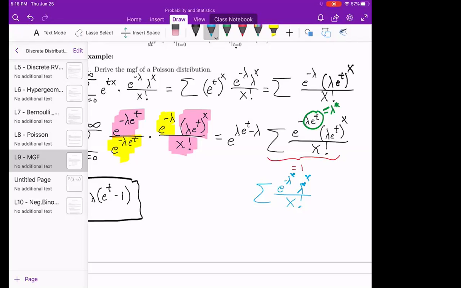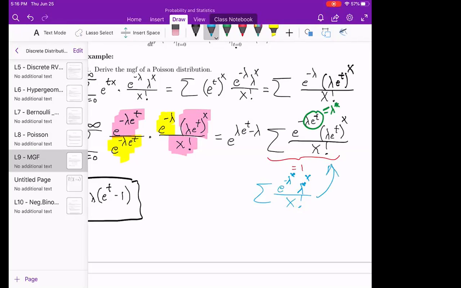It's just where lambda star is lambda e to the t. Okay. Right.